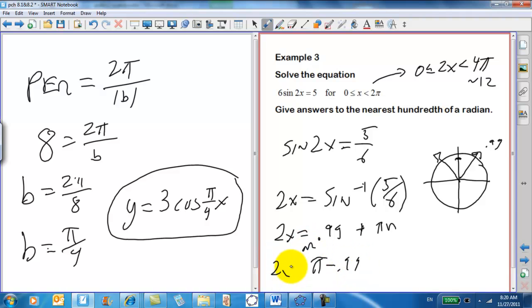So 2x equals pi minus 0.99, which is 2.16. Now notice if I just divide by 2, I'll get x equals 0.49, rounded to nearest hundredth, or x equals 1.08.